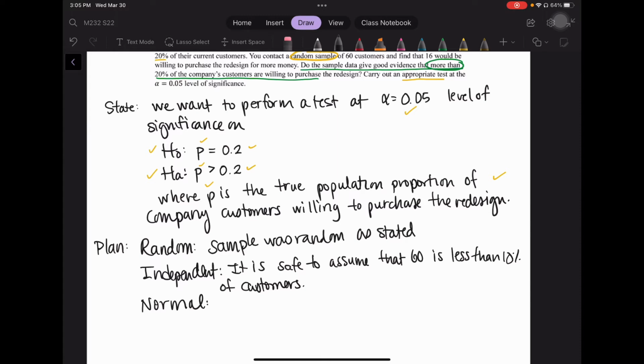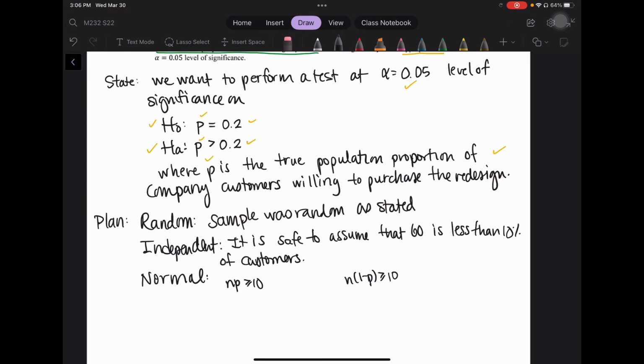But for a test, we use n and p. We do not use p hat here. So our successes and failures need to be with the population value here. This means we have 60 times 0.2, which is 12, definitely greater than 10. And then our failures is going to be 80% or 0.8, which is 48, which is also greater than 10.